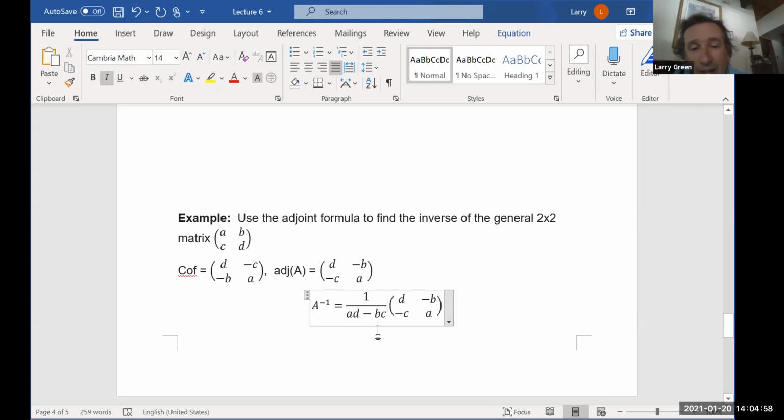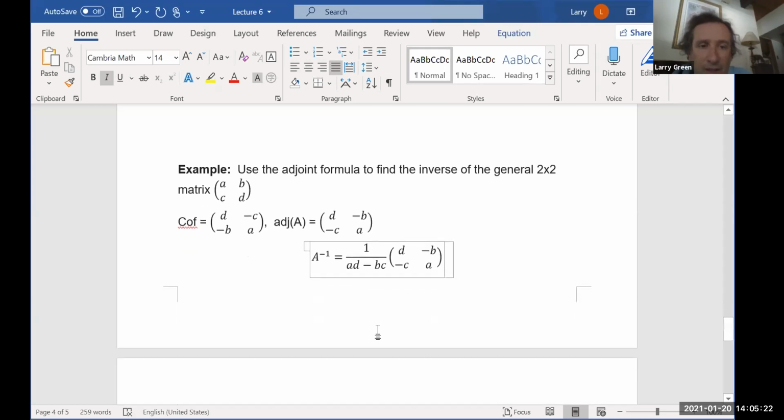You can write it as D over AD minus BC, negative B over AD minus BC, C over AD minus BC, A over AD minus BC. But most people write it the way I've written it. Any questions at all on using this adjoint formula to find the inverse of a general 2 by 2? Not too bad? Okay.